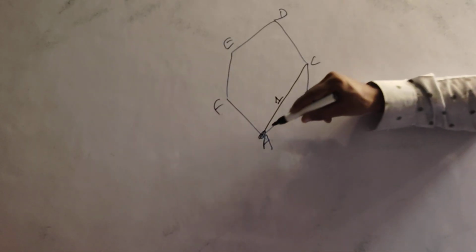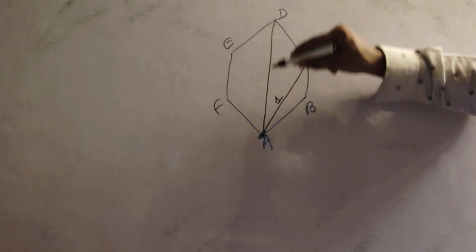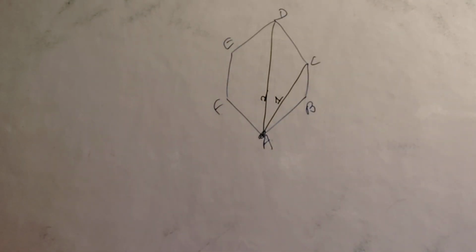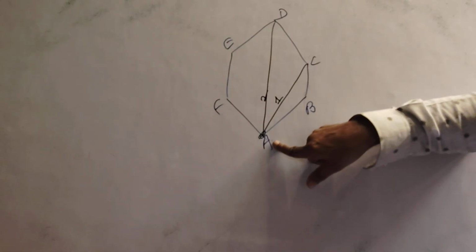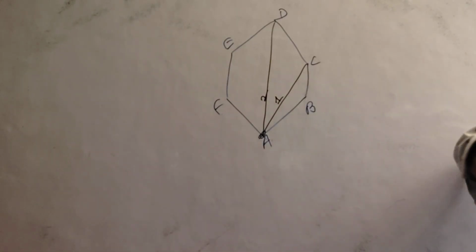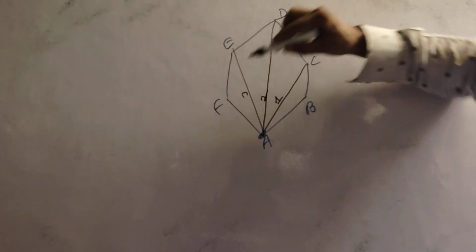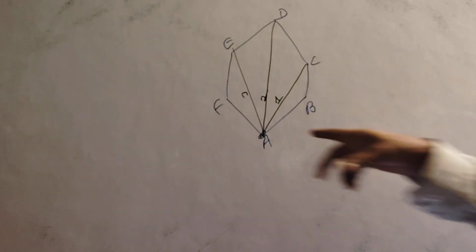AD. This is the second one. Third one, starting from A: AE. Third diagonal. So 3 diagonals start from A.